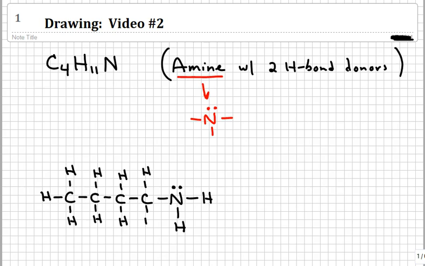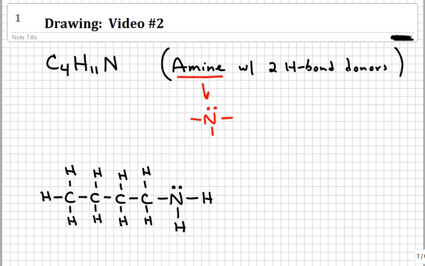And check and see if all the criteria have been met. Is this C4H11N? Well, we got 4 carbons, a nitrogen, and 1, 2, 3, 4, 5, 6, 7, 8, 9, 10, 11 hydrogens. Is it an amine? Yes, it is. A nitrogen with 3 bonds and a lone pair, that's an amine.